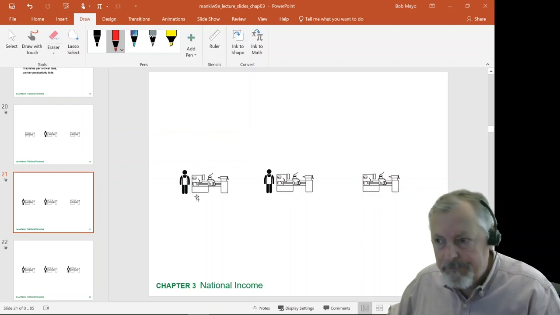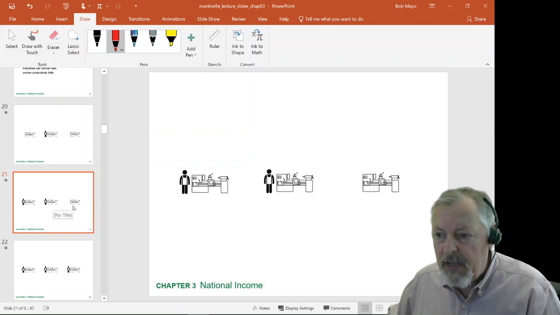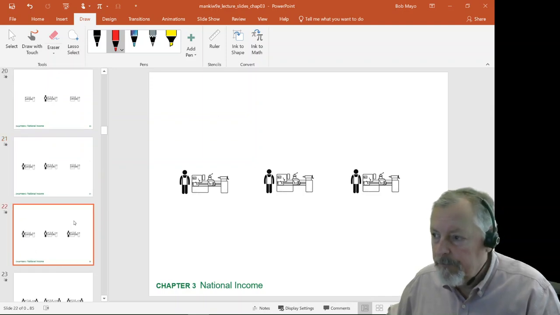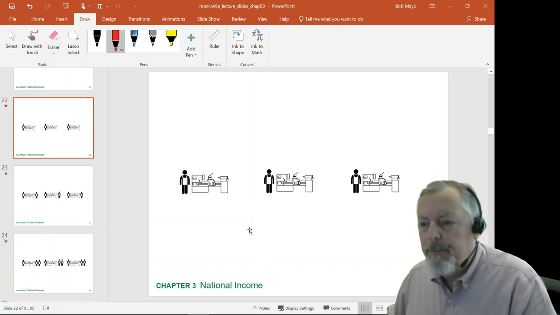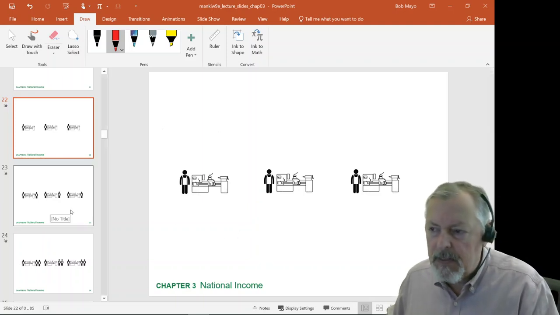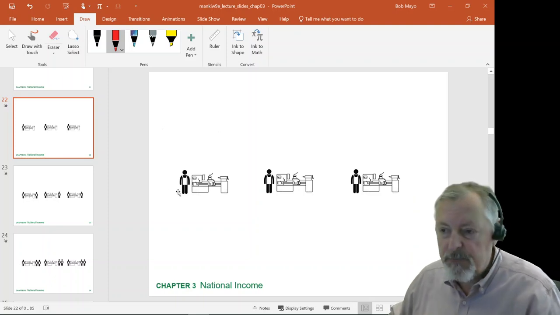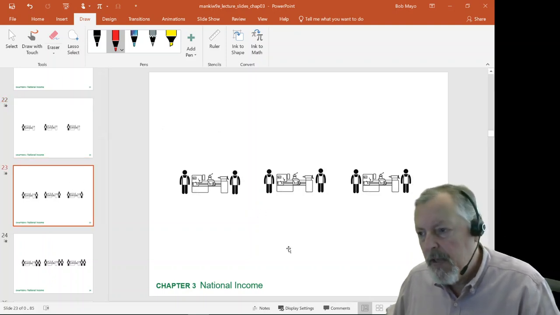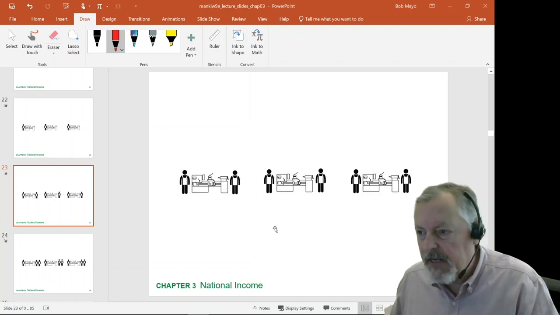Not easy to do. Okay, so we add 1 unit of labor. Production goes up by a lot because now this machine can be used. We add 1 more unit of labor. Production goes up a bunch again. But if we keep going, let's say instead of 1 person, we have 2 people on each machine. So now we've gone from 3 units of labor to 6.